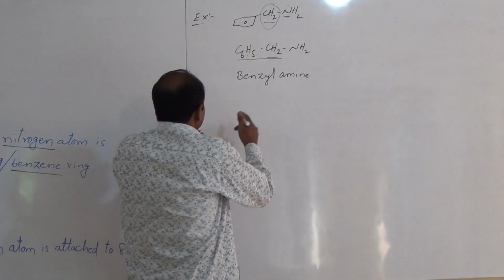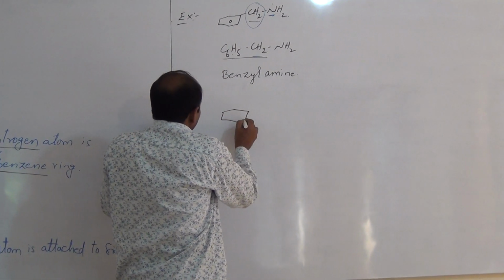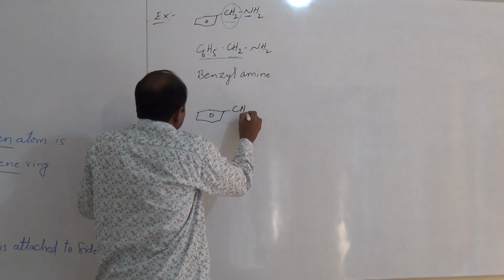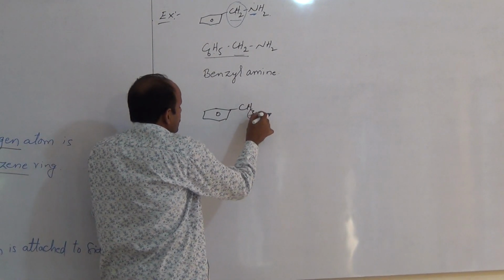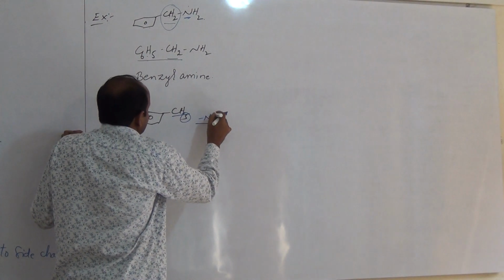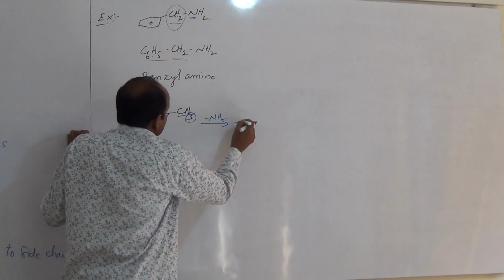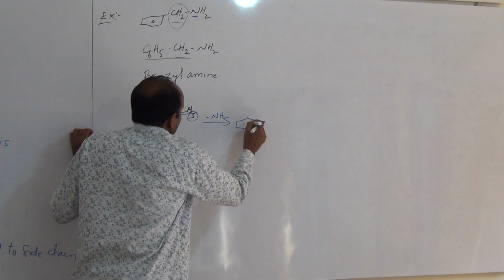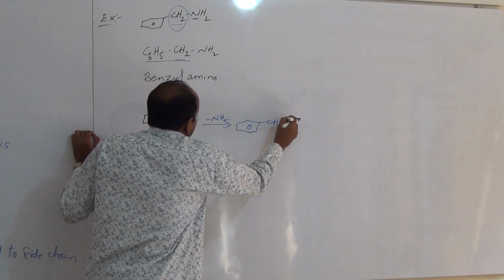Okay, here benzene nucleus means this one benzene ring, then side chain means CH3. If you removed one hydrogen from this side chain and you can introduce NH2 group, then you will get benzyl amine NH2.